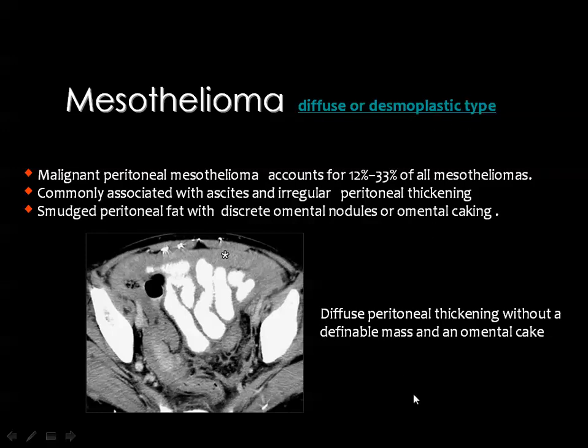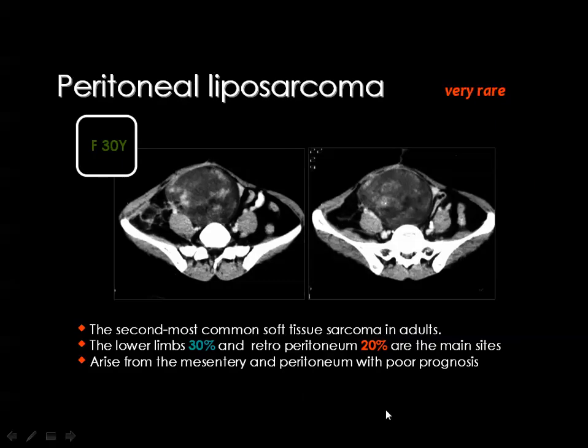This diffuse type is an infiltrative lesion involving the peritoneum and encasing the intestinal loops. Actually, as I have mentioned, you cannot predict that this is a mesothelioma from imaging, and you should have histopathologic confirmation, either by surgical biopsy, CT guided needle biopsy, or ultrasound, of course.